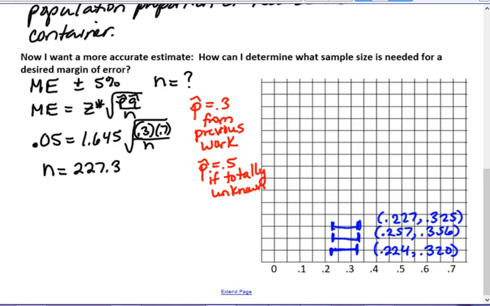Now it turns out that we always want to round up, because 227 is just a little bit too small to guarantee my 5% margin of error. But 228 should cover it. So always round up no matter what decimal place you have. I'm going to use n equals 228 as my sample size.